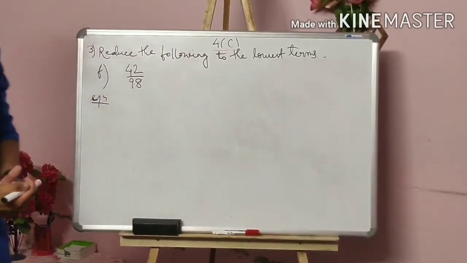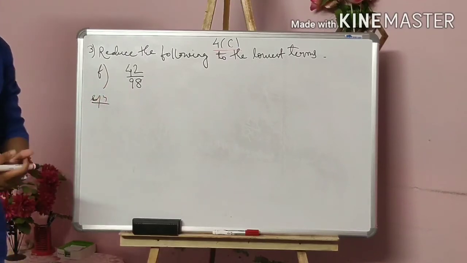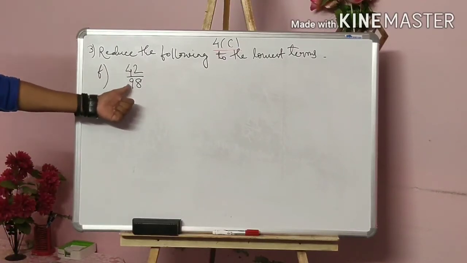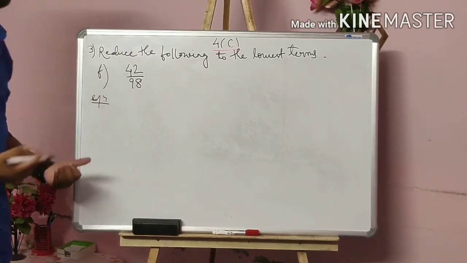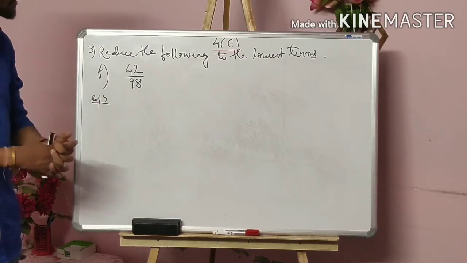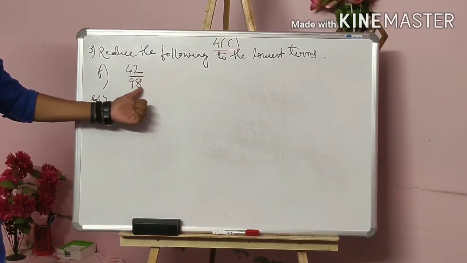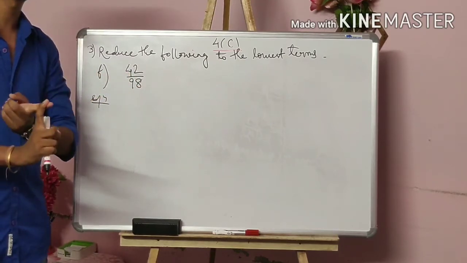Okay, so students, now we are going into our next question of question number 3. One more question I am going to do. You see, F is what? 42 by 98. So if anyone has a doubt in question number A, now here it will be completed. There are 2 steps only to find the lowest terms.